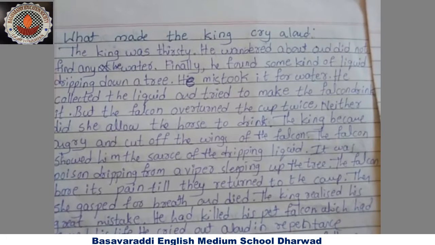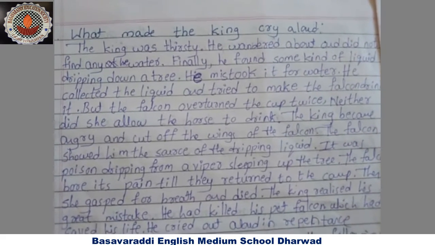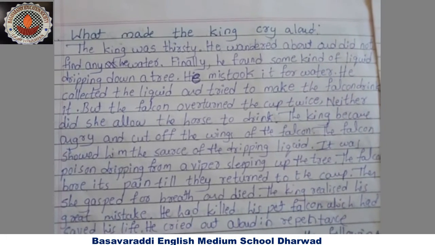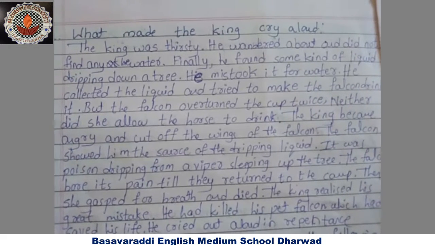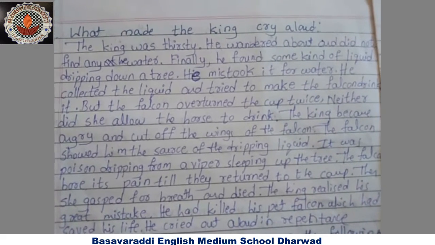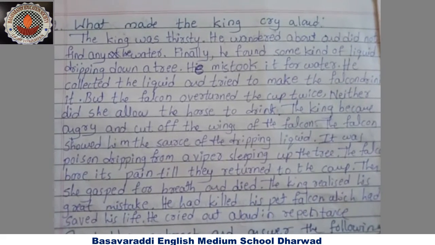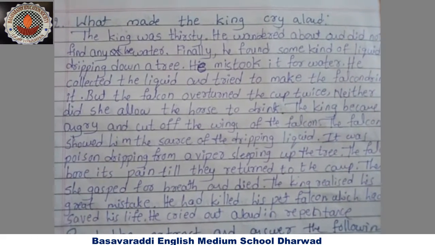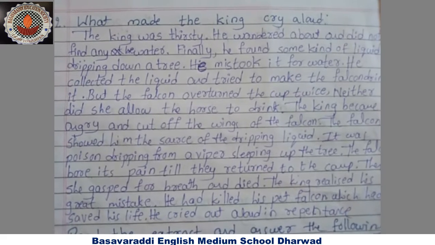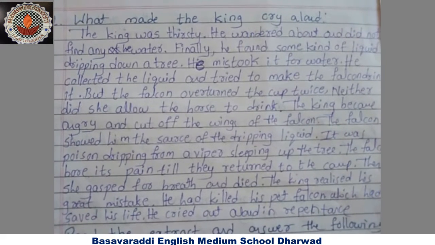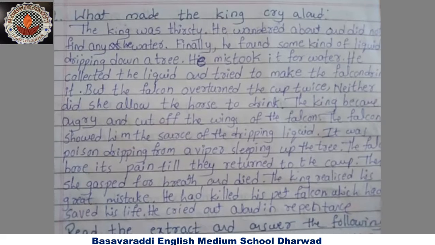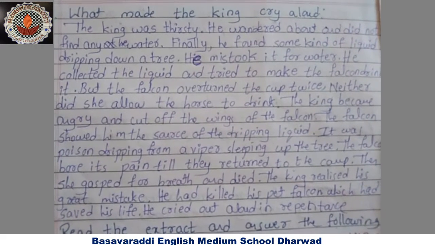He collected the liquid and tried to make the falcon drink it. But the falcon overturned the cup twice. Neither did she allow the horse to drink. The king became angry and cut off the wings of the falcon. The falcon showed him the source of the dripping liquid.